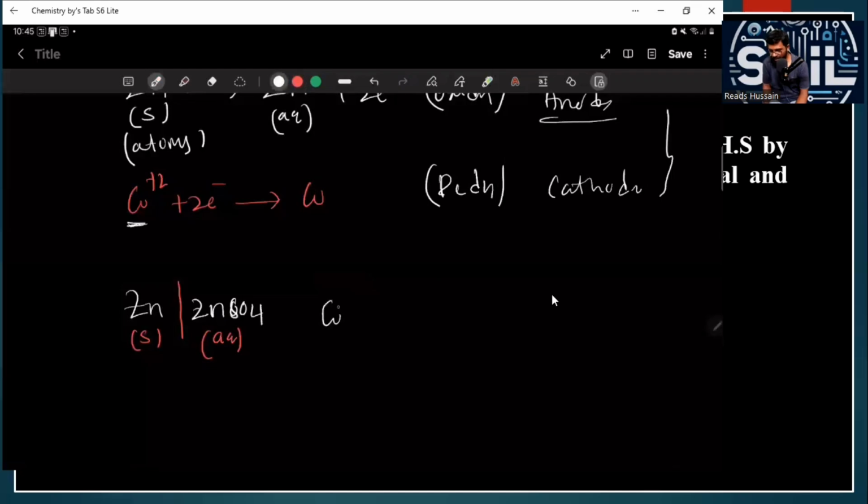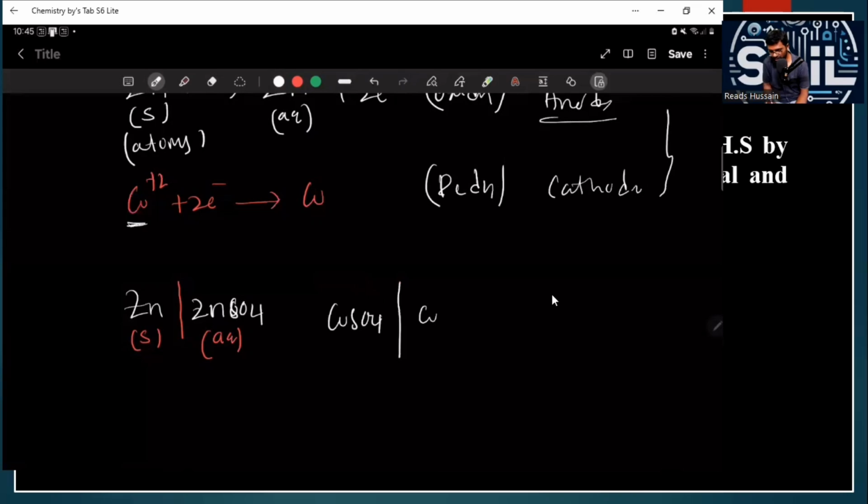Copper. Next, the copper rod is dipped in copper sulfate solution. This is the cathode.